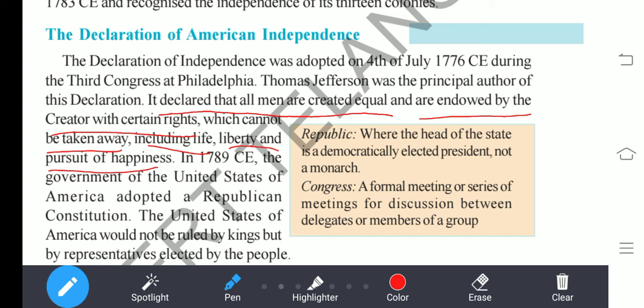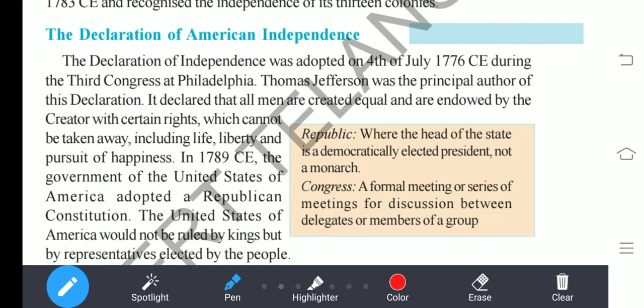Jefferson stated that God created everyone equally, so that everyone is endowed by the Creator, and all men created by God will enjoy certain rights equally.